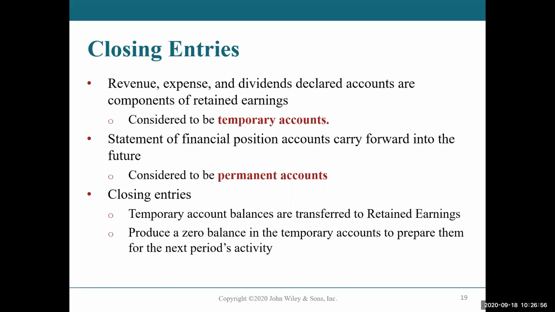You don't want to muddy the water by taking a cumulative revenue, which is from the first day the company started up until today. Okay, same with the expenses, because that way you cannot make any meaningful decisions, right? So the temporary accounts, that's why, are brought to a zero balance at the end of the period. That is after the financial statements are made. So those are your temporary accounts.